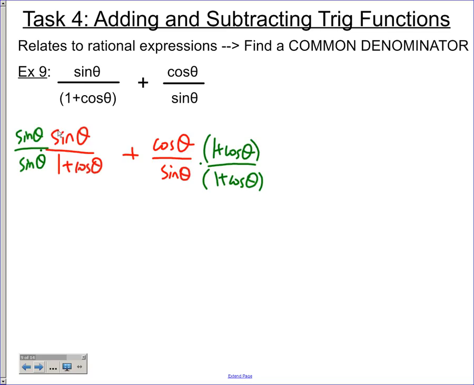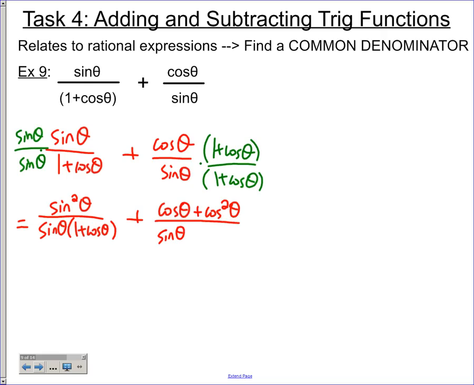All right, we'll keep simplifying. And we get sine squared theta on the left-hand side over sine theta times 1 plus cosine theta. And that's added to cosine of theta. And let's distribute this in. So cosine theta plus cosine squared theta over sine theta times 1 plus cosine theta.